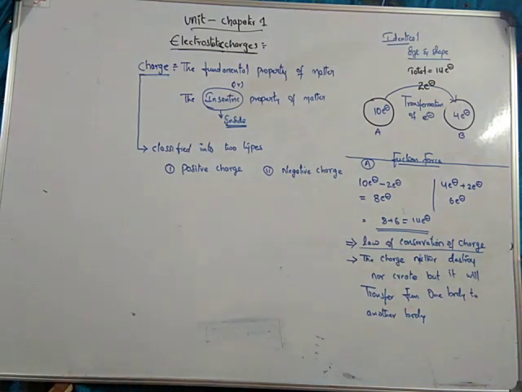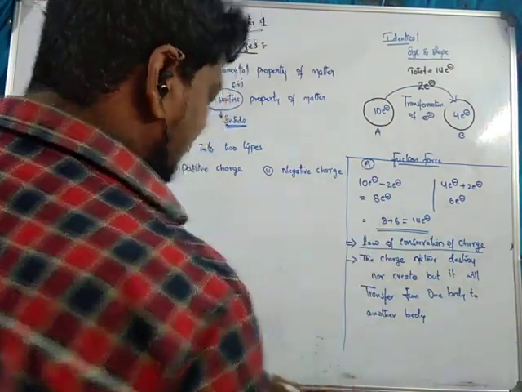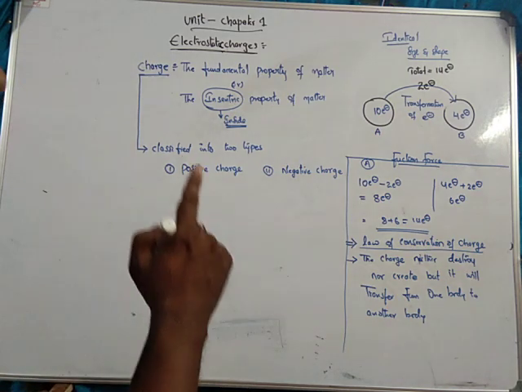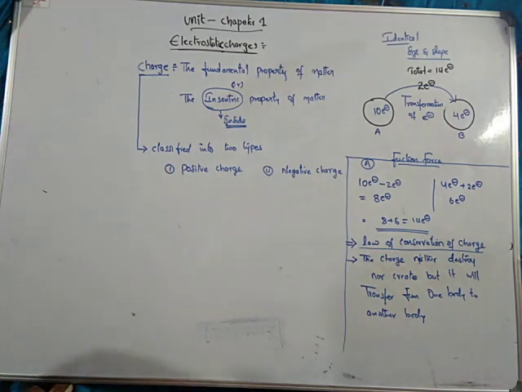Now we want to define what is a positive charge and what is a negative charge. If you consider this example, after the process we reduced 2 electrons.